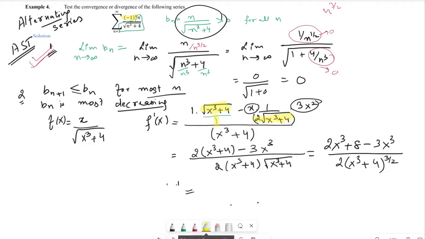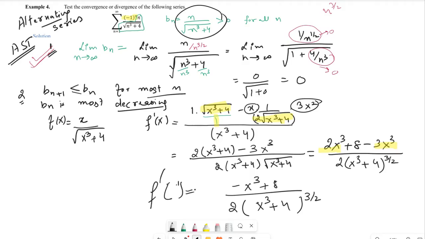So we have the like terms. 2x cubed minus 3x cubed is negative x cubed. So negative x cubed plus 8 divided by 2 times x cubed plus 4 to the power 3 by 2. This is the derivative of f.